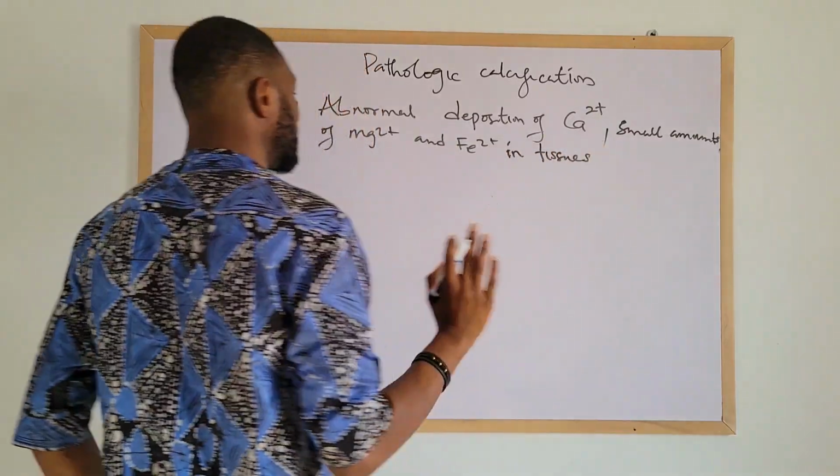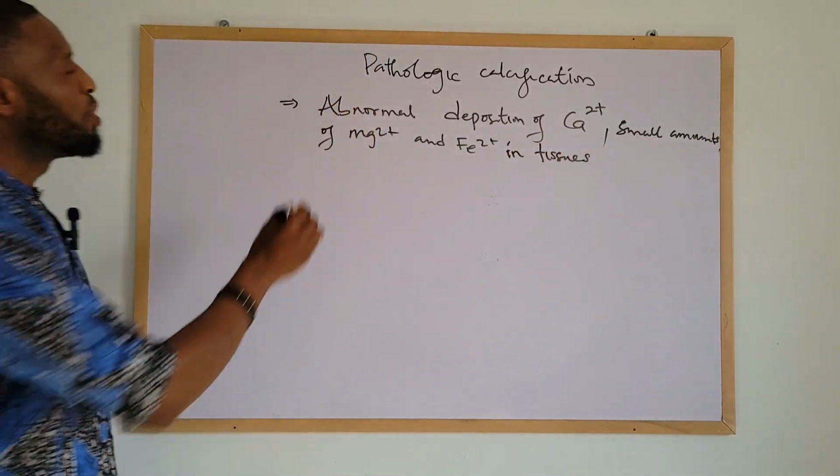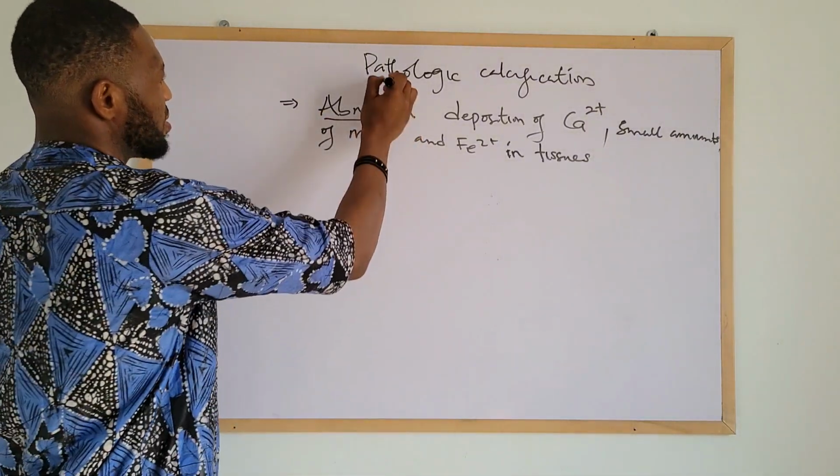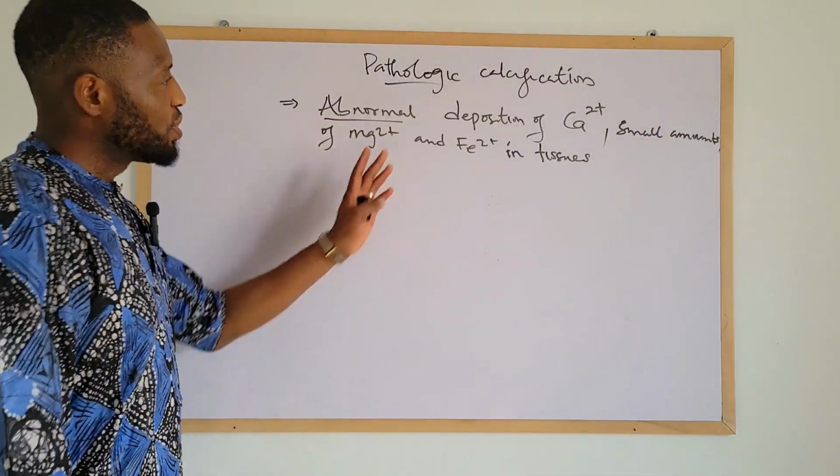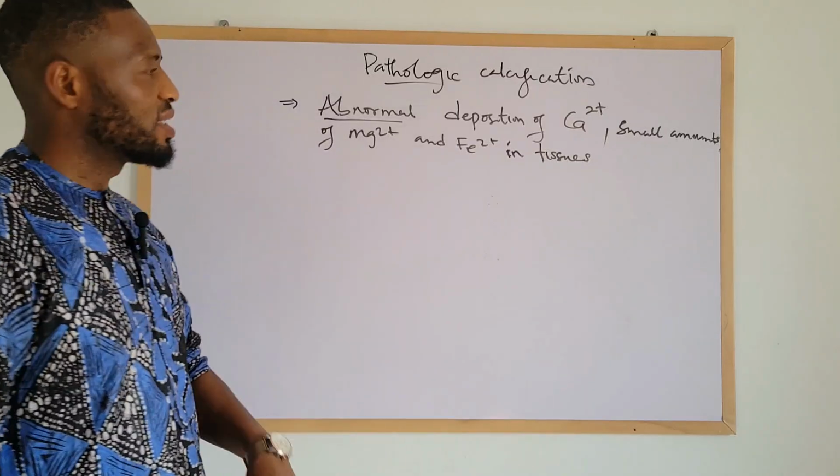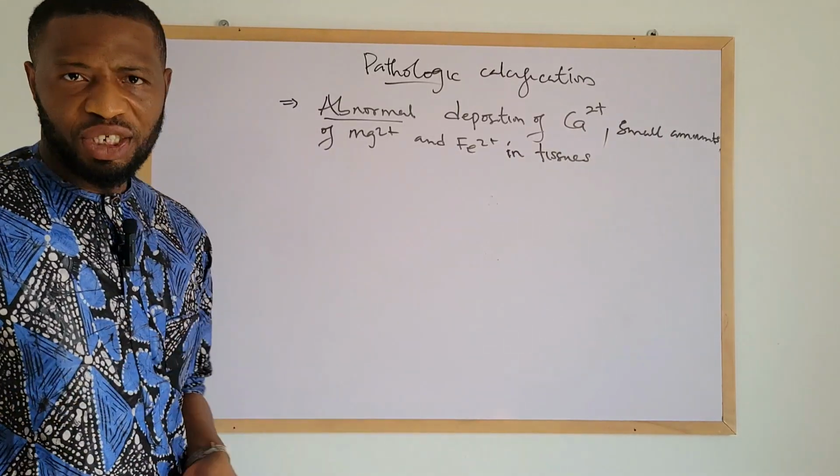Okay, that is what pathologic calcification is. It is an abnormal, of course it will be abnormal because it is pathologic, deposition of calcium, small amounts of magnesium and iron in tissues.